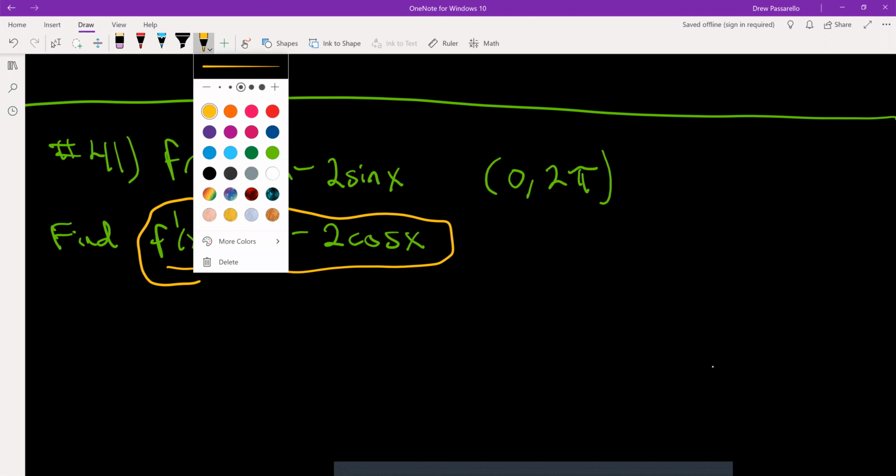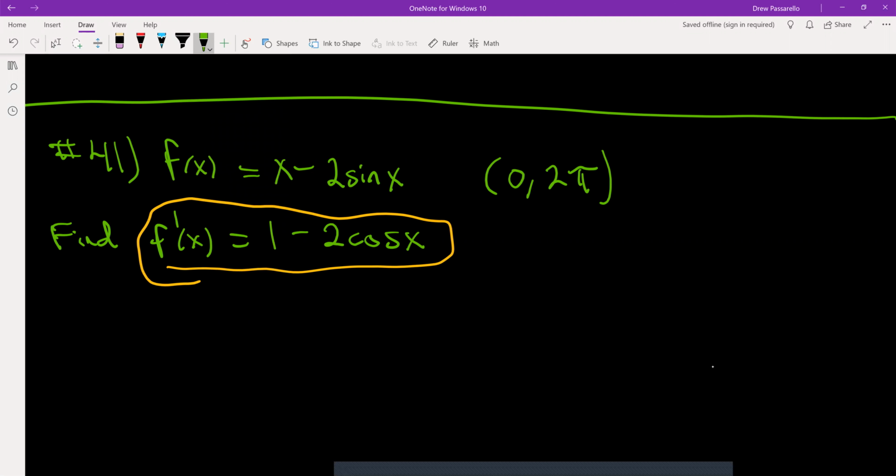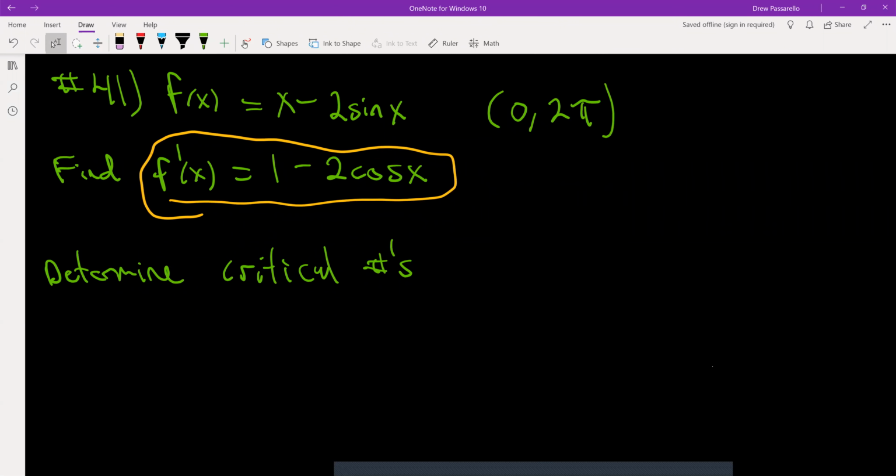All right, after you find that, then you have to determine the critical numbers. And basically critical numbers are either values in which its derivative does not exist or values in which its derivative is equal to 0.